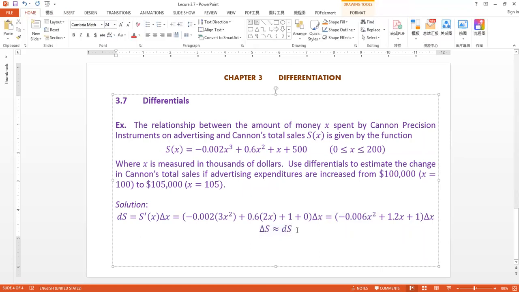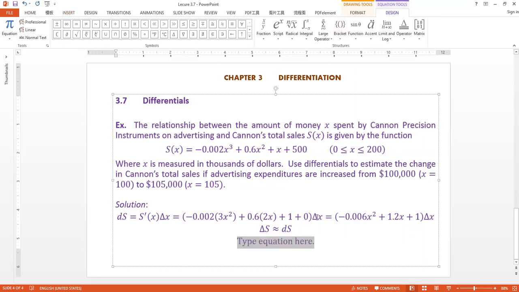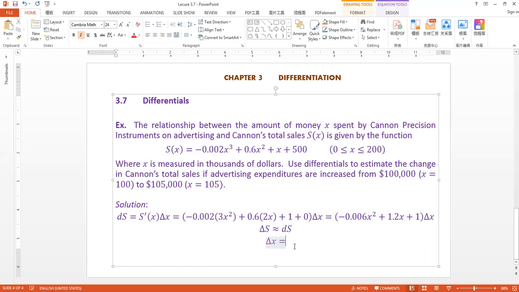Now the only thing left is just plug in numbers. In here, we got x from 100 to 105, so we can easily find out what delta x is. Namely, you just take the difference between 105 and 100. So that's just 5. That's the increment in x, the change in x in this problem.